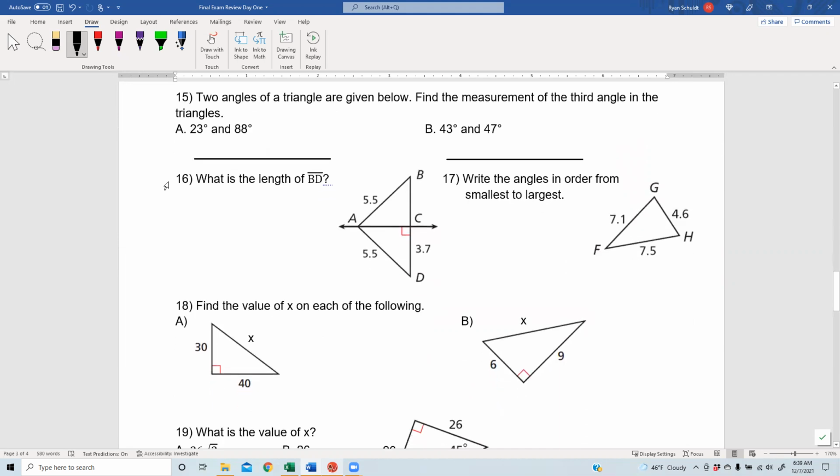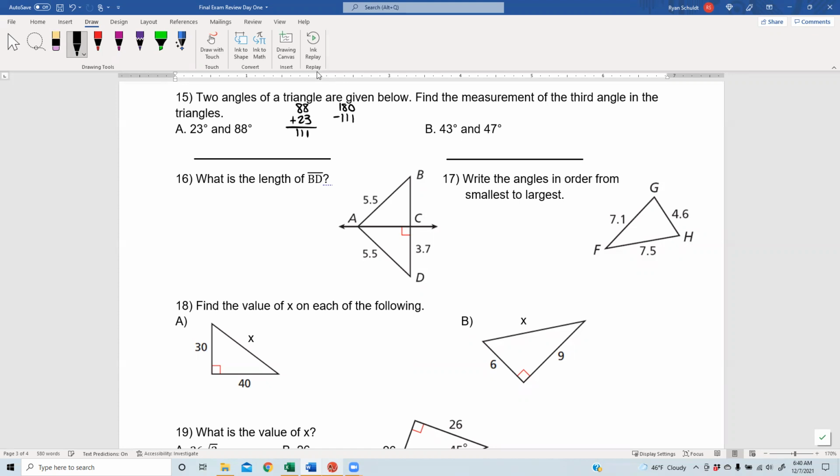Page 3, two of the angles of a triangle are given below. Find the measure of the third angle. A triangle has to add to equal 180. So that means I have to add these and subtract from 180. 88 plus 23 gives me 111.